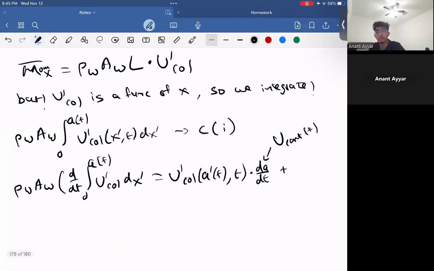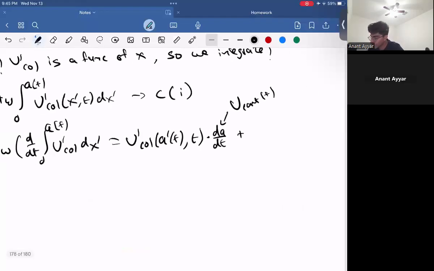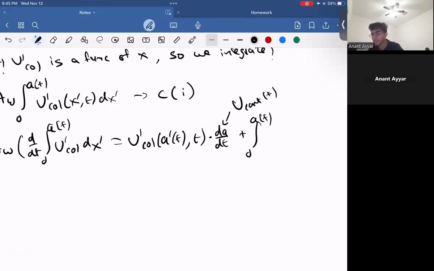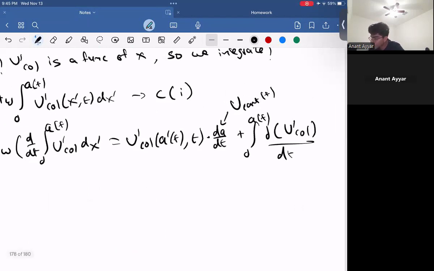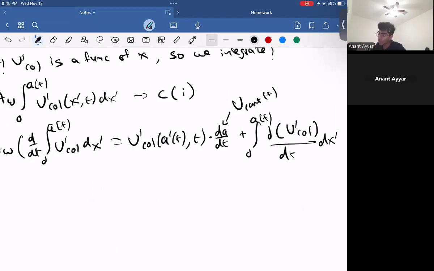So when we add that in, that becomes the integral from 0 to a(t) of the derivative of the v column with respect to t, dx prime. At this point, the solutions ended up substituting in the constant velocity frame, but I think it'll simplify things if we do that a little later on.